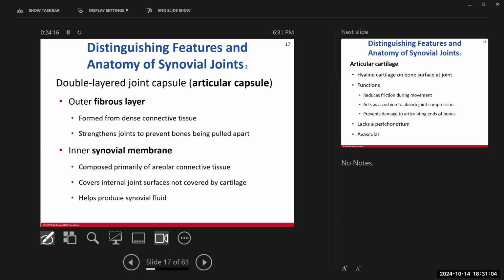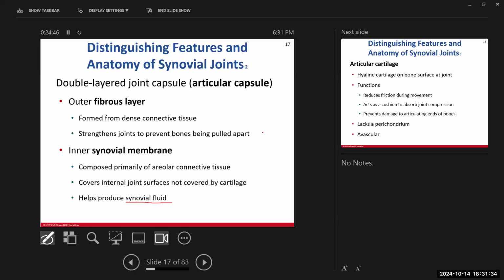Think about it: it doesn't make sense to line the articular cartilage with the synovial membrane, because those bones are going to be grinding away on each other, and you'd damage the synovial membrane. So we don't put the synovial membrane over the articular cartilage. And it's the synovial membrane that is going to produce our wonderful synovial fluid. More on that in a few moments.